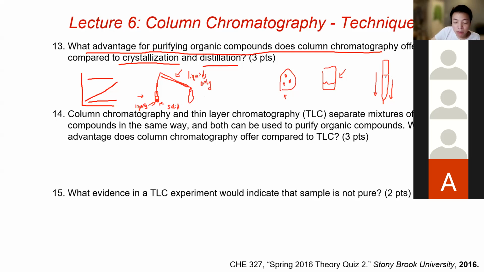But that's not a problem for column, because once you choose the solvents that can dissolve your solids and liquid, the liquid just goes down. Once the solids can be dissolved, everything dissolves, and then you can just pass through the column, and then you can collect it. But for distillation, for most of the cases, you can only separate liquids instead of solids.